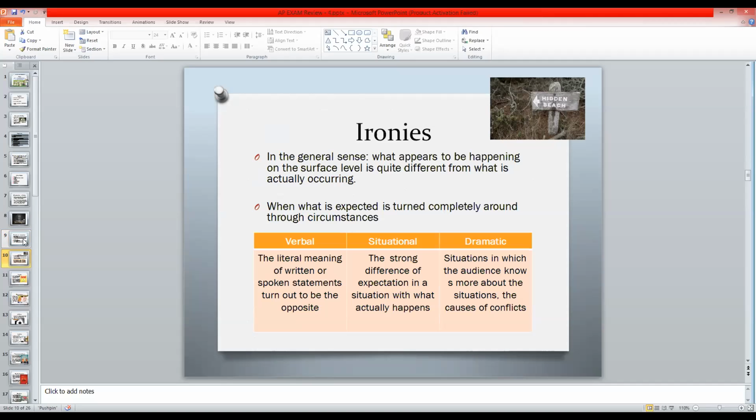And lastly, dramatic exists more in plays. You don't see this too much in essays or whatever, but it still could exist here. It's basically situations in which the audience knows more about the situations, the causes of conflict here. An example of dramatic irony simply is, I think everyone's read Romeo and Juliet, but basically in that situation, it is a form of drama.